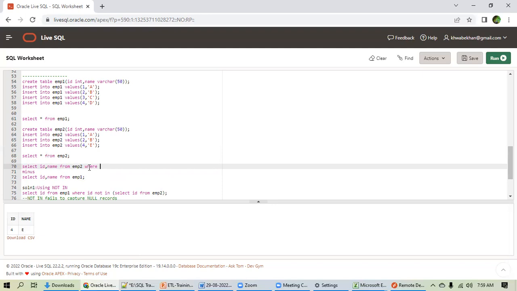No, actually, I was asking about using in and not null. Just in line 75, where we have used only the ID column, can we use ID and name both together here as well? Here you cannot use; this will throw an error.